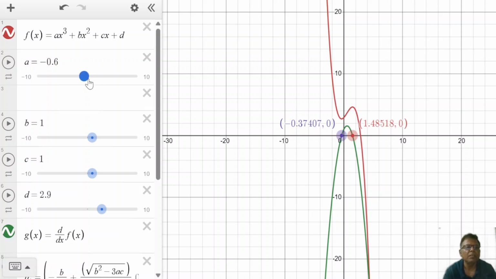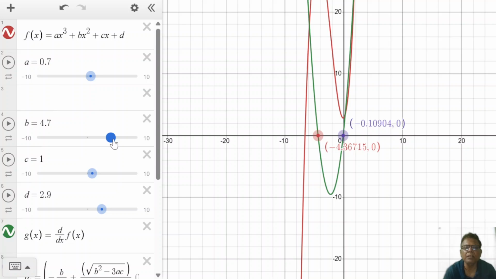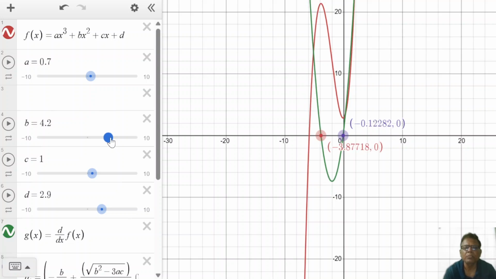If a is positive, it starts from the negative y side and ends at the positive y side. Suppose b has increased so that the derivative has two roots. If the derivative has two roots, this root and this root, then the main function will have one maxima and one minima.